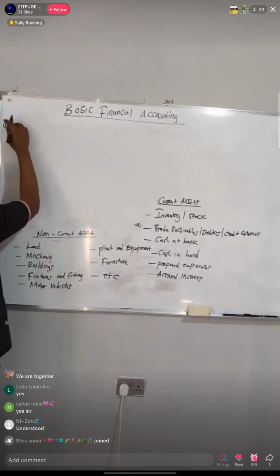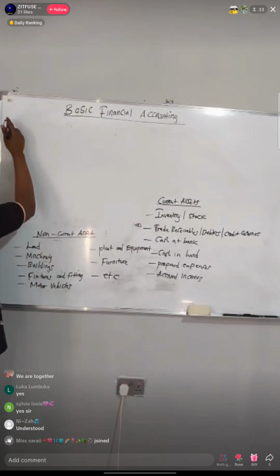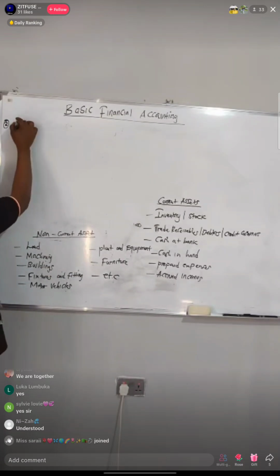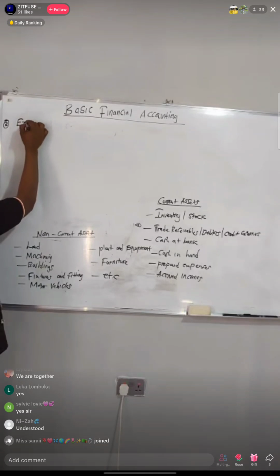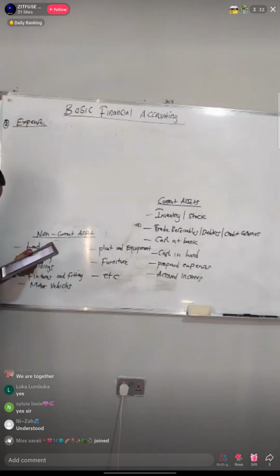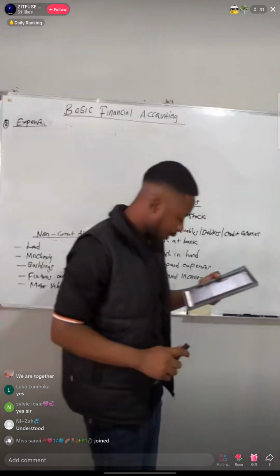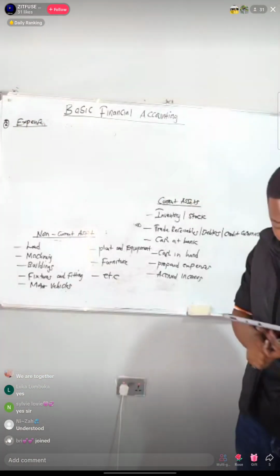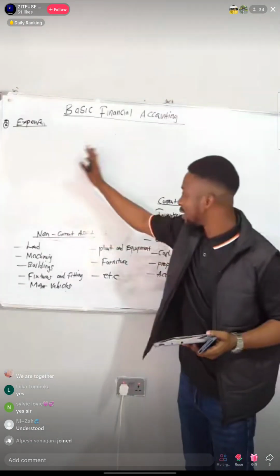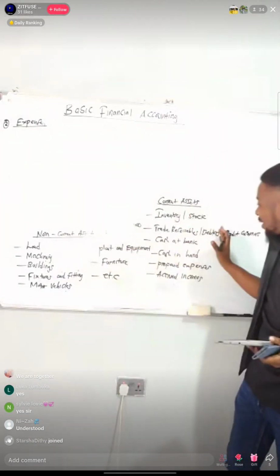I know you guys are babies, so I need to feed you milk bit by bit before I feed you porridge, and eventually shima. So this is just the beginning. You need to know all these items.